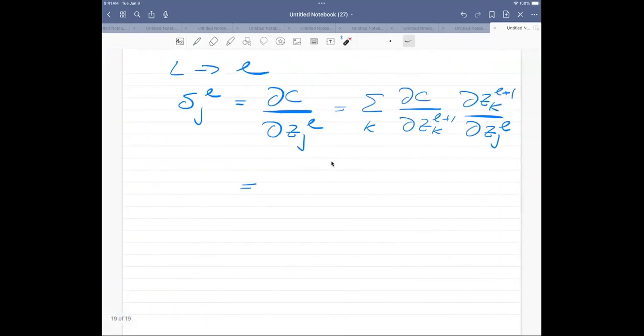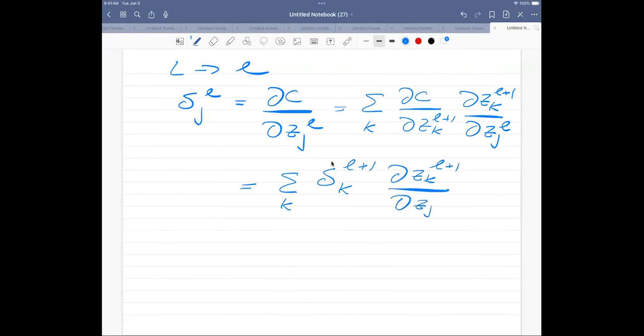We would then have simply a sum over k of my delta k of L plus 1, the previous value for this delta, multiplied by the derivative of zk of L plus 1 with respect to zj of L.